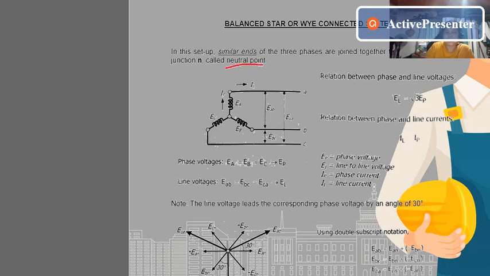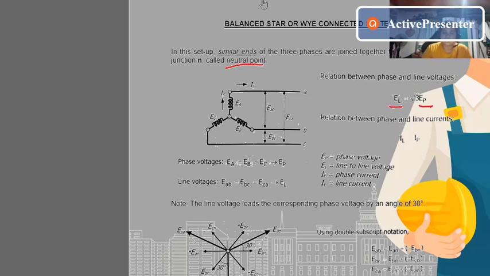So sa atong balanced star, kini ang common junction or our neutral point. So relation between the phase and line voltages, since three-phase man ta, EL is equal to square root of 3 EP. So ang EL nato is line-to-line voltage, and our EP is the phase voltage.